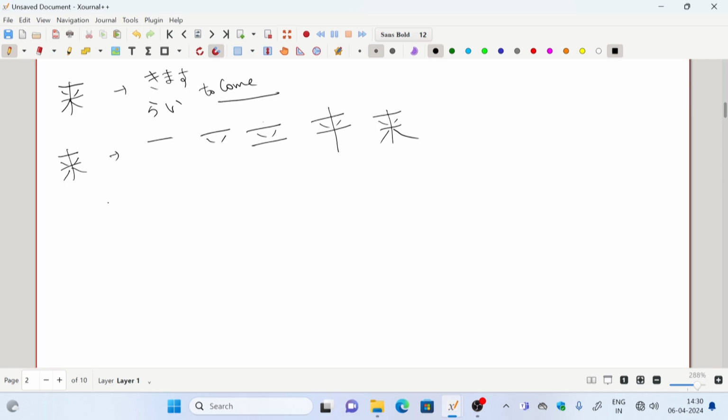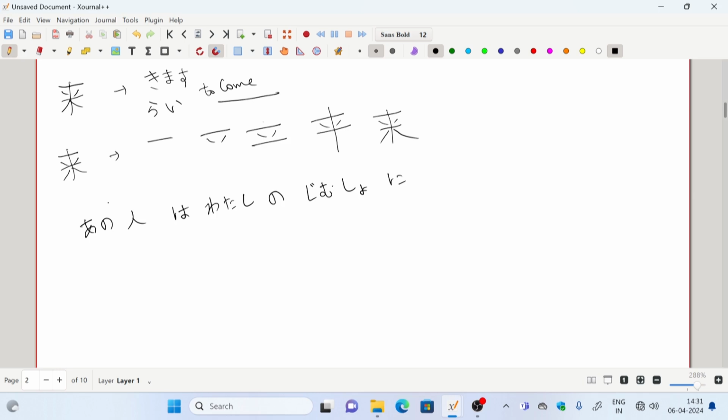So let's make a sentence. That person is coming to my office. So that person will be ano hito. Ano hito wa watashi. My office will be watashi no jimusho ni.